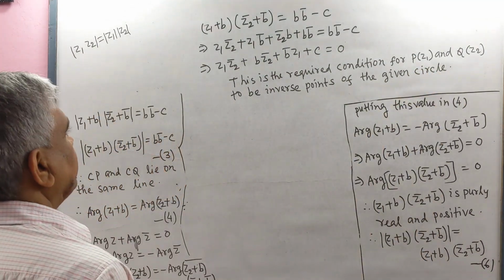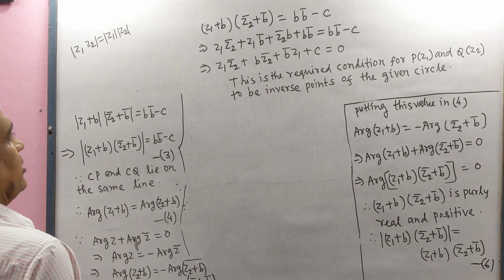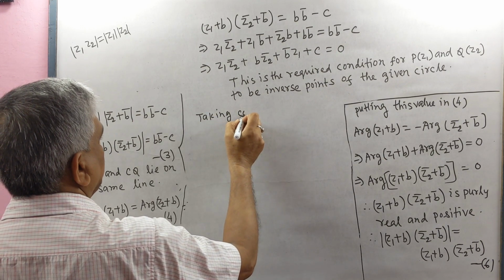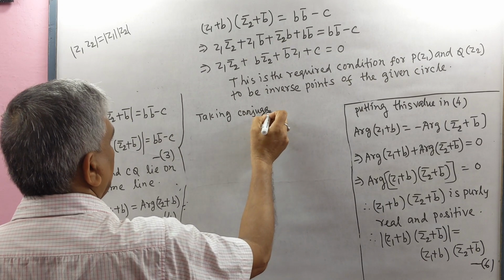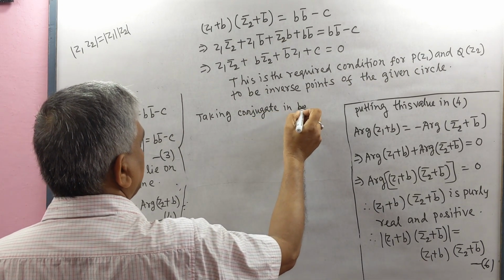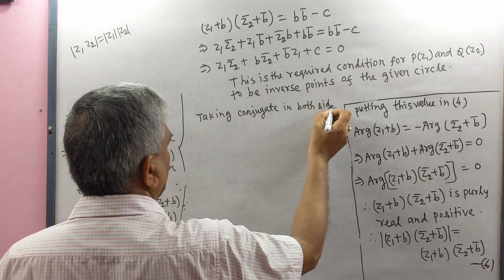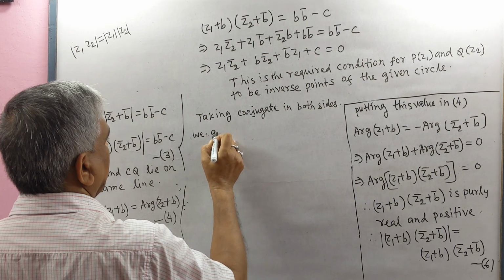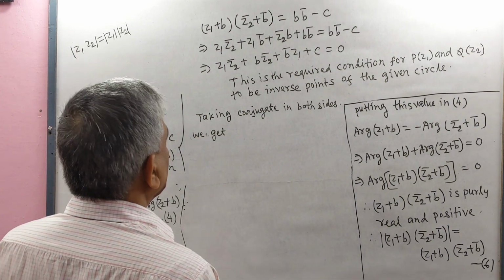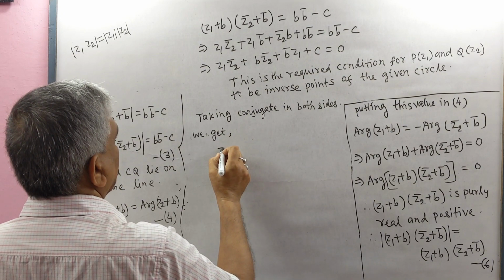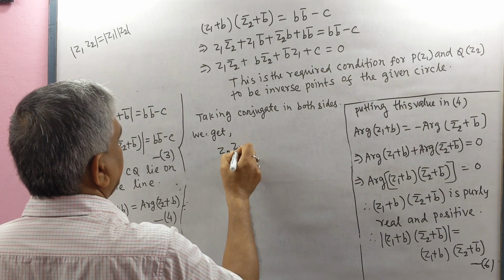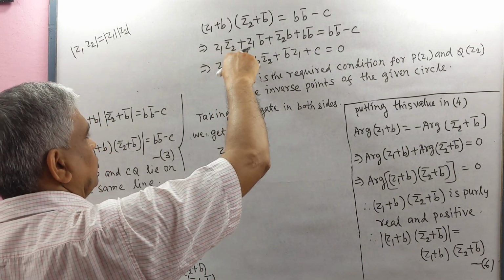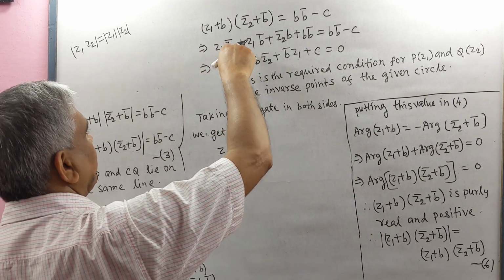Now, if we take the conjugate on both sides, we get Z2 Z1 bar. Z2 bar is Z2 if we take the conjugate here, Z1 bar Z2 bar, bar.